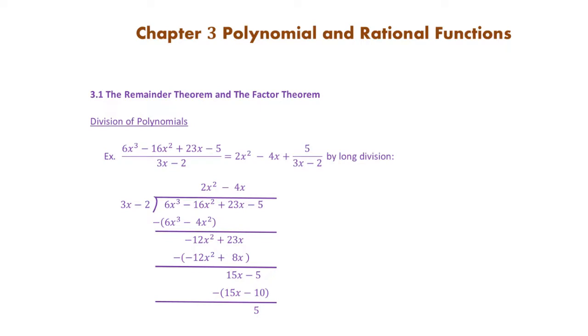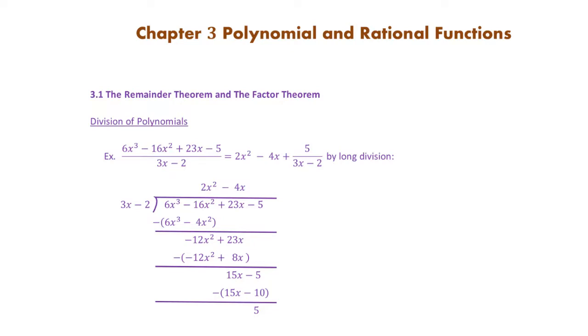So we want to divide the 6x cubed minus 16x squared plus 23x minus 5 divided by 3x minus 2. So I'm going to put this dividend at the top, 6x cubed minus 16x squared plus 23x minus 5 inside, and the 3x minus 2 outside on the left, like this.